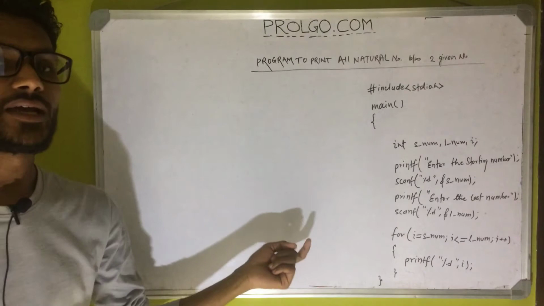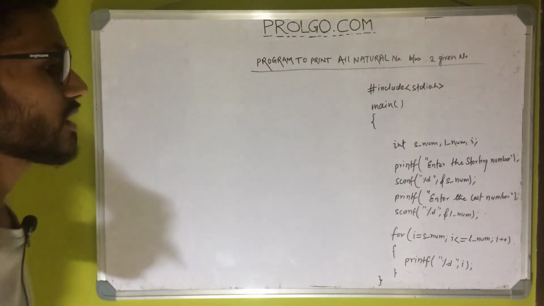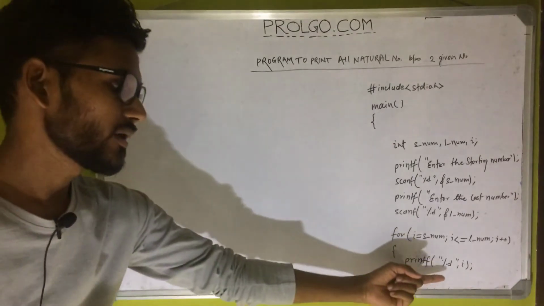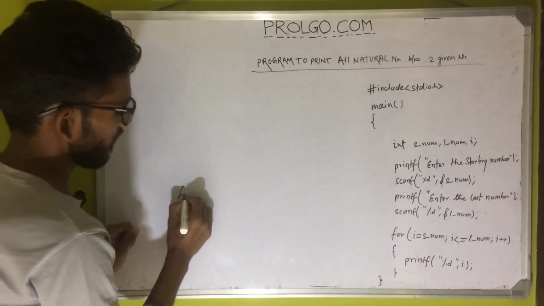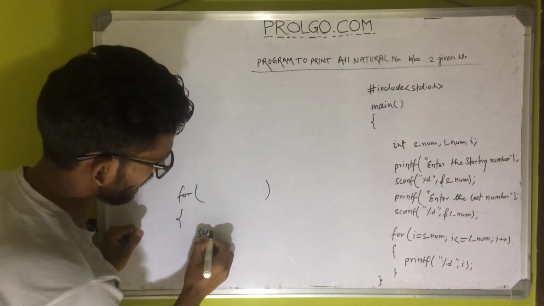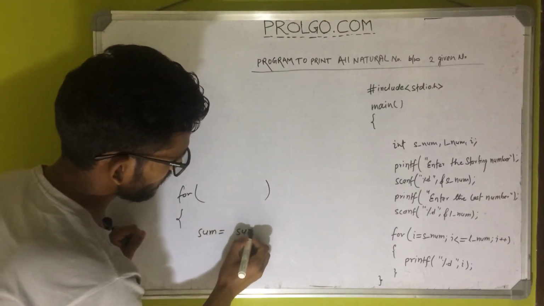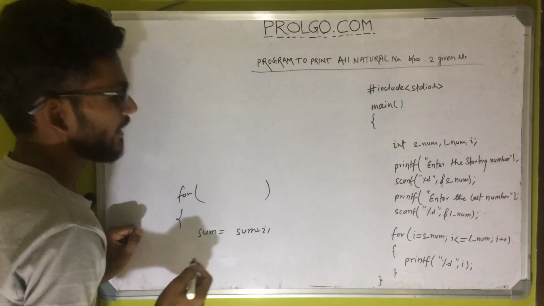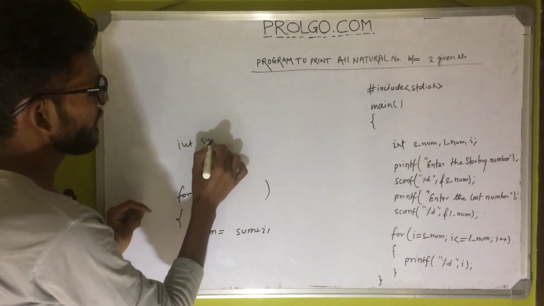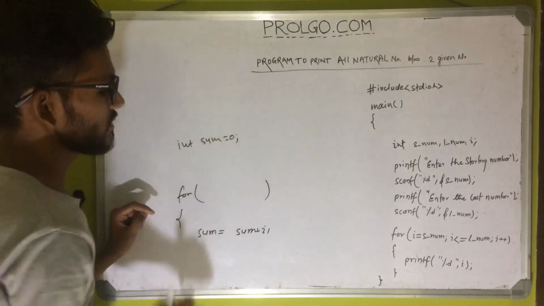Now we can modify the same program to find out the sum of all those numbers. So we have to add one more line here, inside the for loop: sum is equal to sum plus i, and we will take one more variable, int sum is equal to 0.